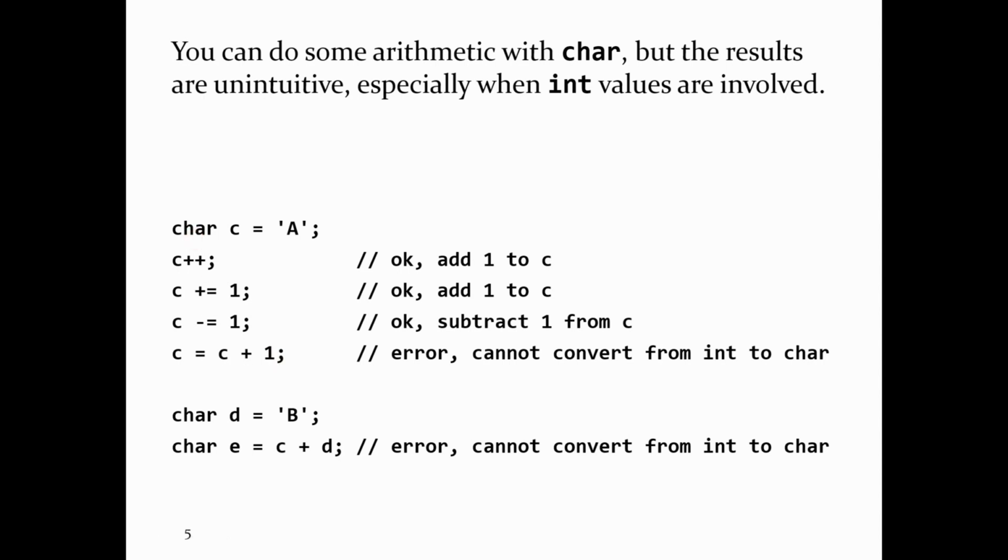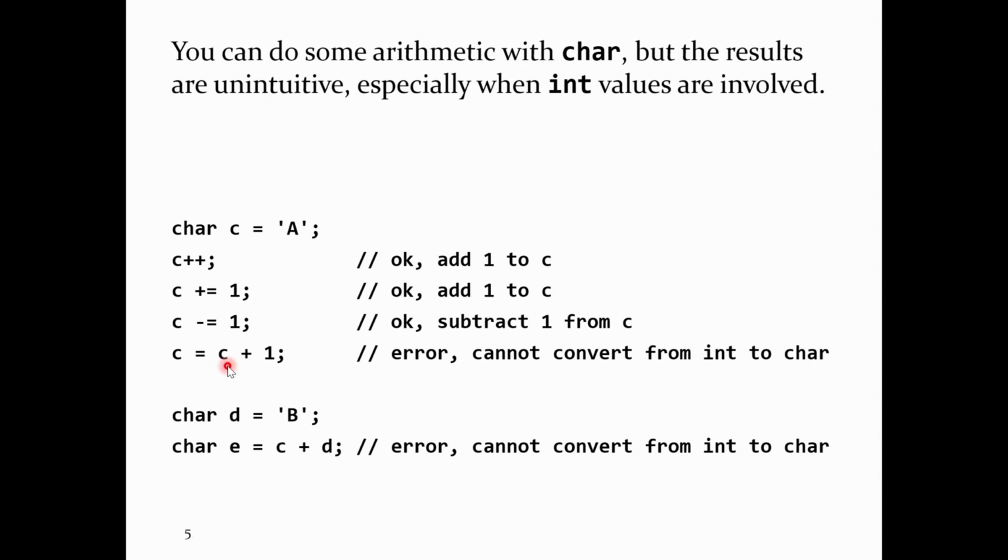And it sees a 1, and remember the type of 1 is int. So you have a char plus an int. And it turns out that char and int hold values having different ranges. Char has a much smaller range than int. So to compute C plus 1, Java says, well, I have to convert the smaller type to the larger type.